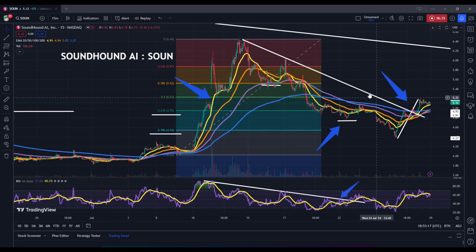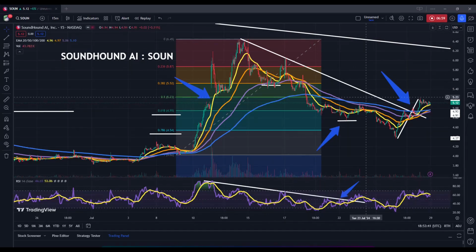To the top side, the next level of resistance that we would be watching comes in at roughly the 5.70 level. This is a bit overhead here. We're looking at roughly 50 cents in gains, which would be close to a 10% total gain in share price value, and this is something that could happen relatively soon, given that we have broken above the exponential moving average cluster.